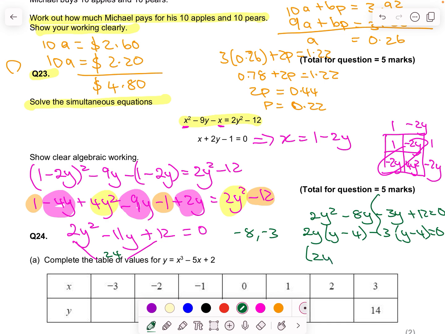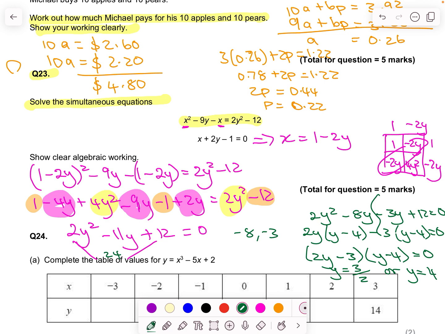And then I put together my brackets: 2y minus 3 and y minus 4 equals 0. So my two solutions are y equals 3 over 2 or y equals 4. So those are my two solutions.